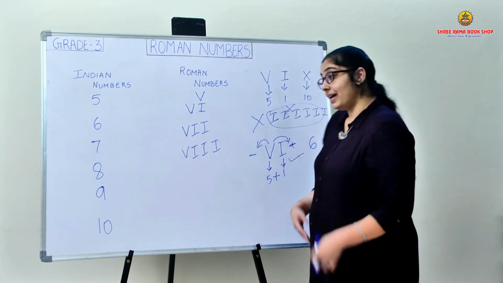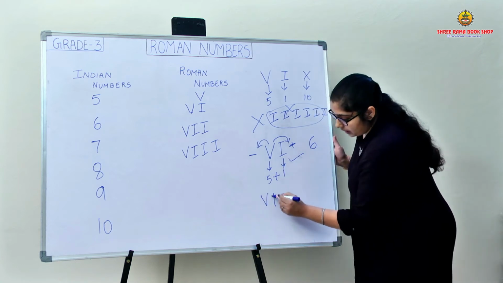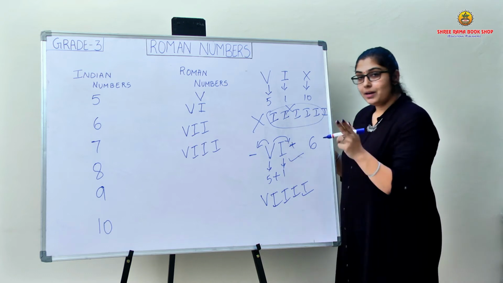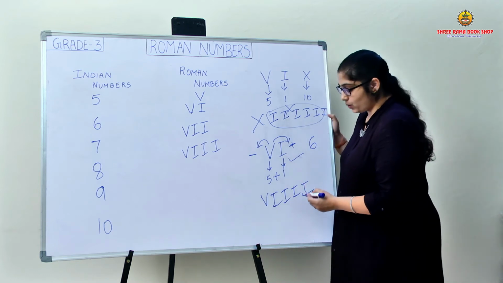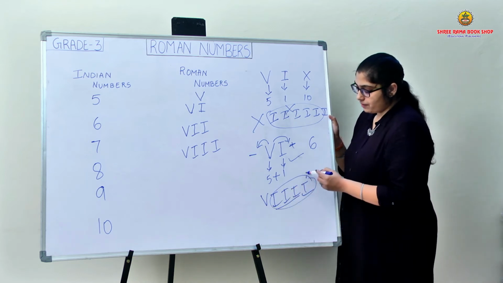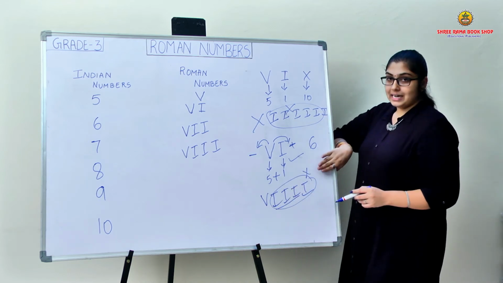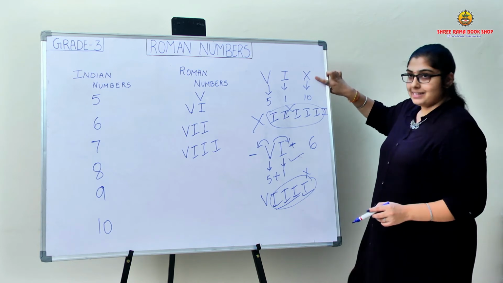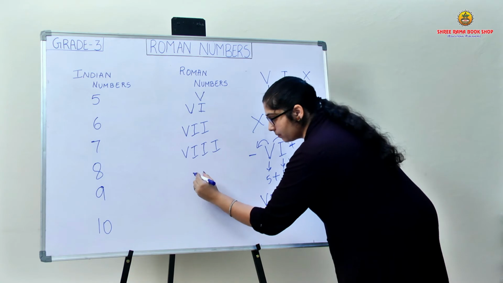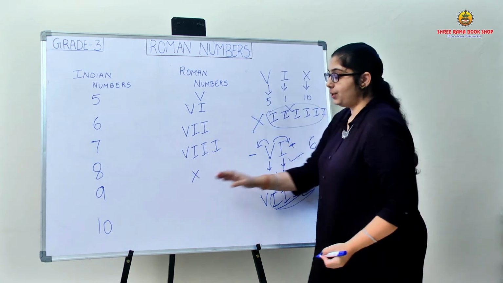For 9, can I write like this? V, I, I, I, I? No, right? In rule number 2, we have learned that you cannot repeat the symbol more than 3 times. Here it is 4 times. So this value is wrong. I need to consider 10 or X to write 9. So I keep X. I need to get 9.